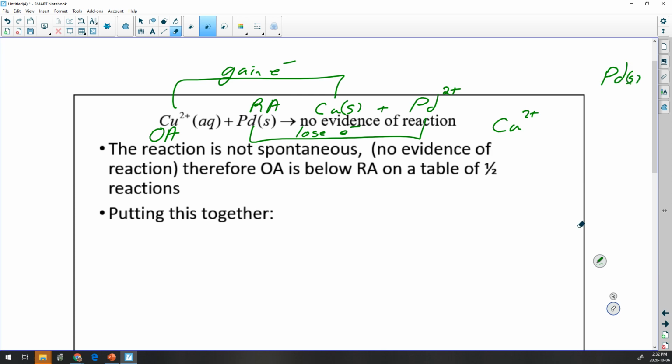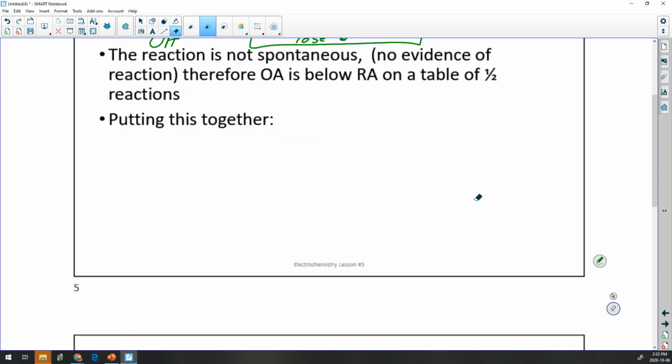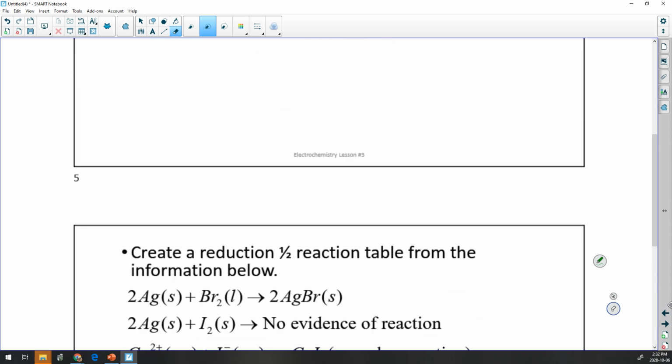Okay. So we have the three things that we were working with. We know copper 2 plus as an OA will fall below palladium. We're supposed to back up.